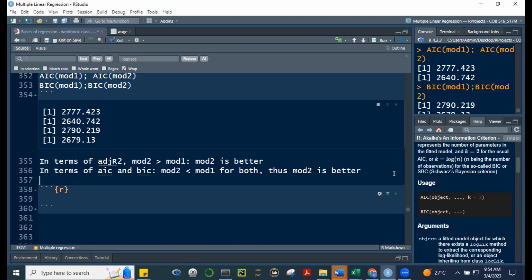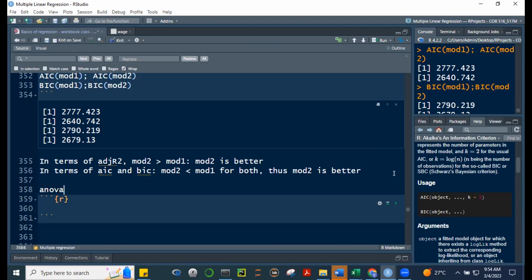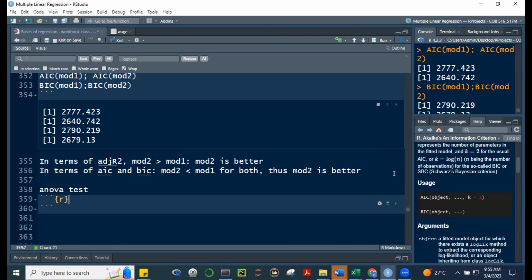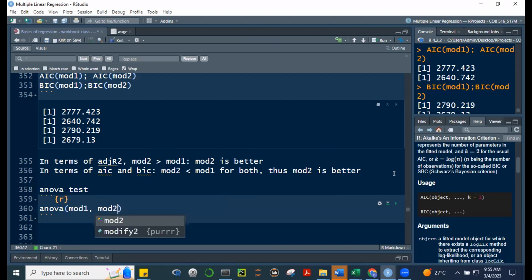So we will have the ANOVA test, analysis of variance test. We will check which one is the better model. Anyway, in the interest of time, I'll just do ANOVA and let's compare model 1, comma, model 2. All right, before we run this, let me explain what the null hypothesis here is.